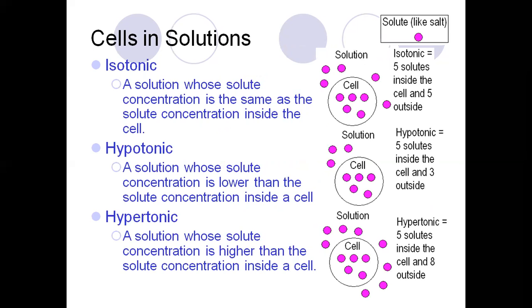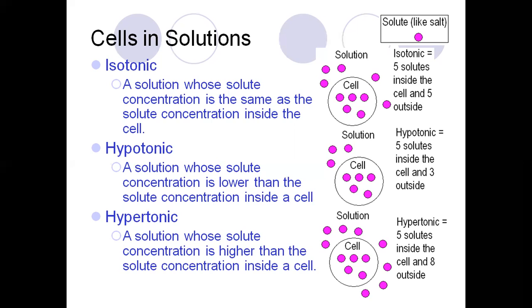So the solute concentration is equal inside and outside the cell. This is called an isotonic solution. Isotonic means 5 molecules inside the cell and 5 outside the cell.